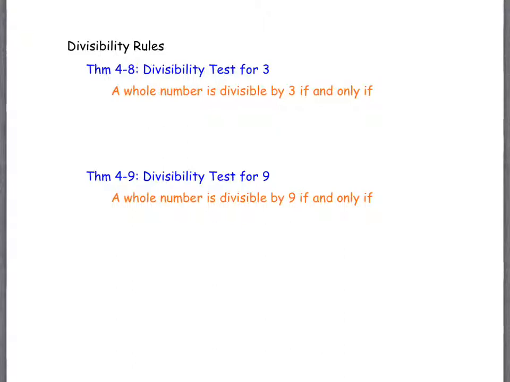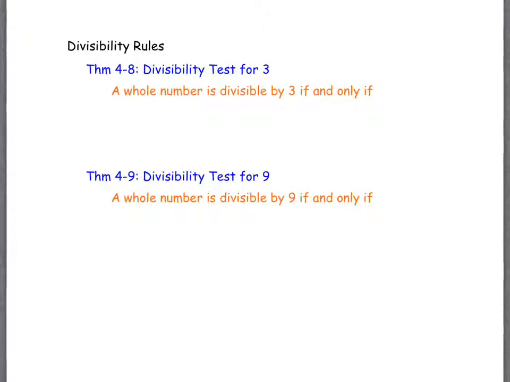Yes, it does. All right, a whole number is divisible by 3 if and only if. Okay, these two, again, they're grouped together because the process by which we make the determination is similar. So this is the one that Hannah's mentioning. We add up all of the individual digits in our number together, and if the sum is divisible by 3, then the original number is divisible by 3.